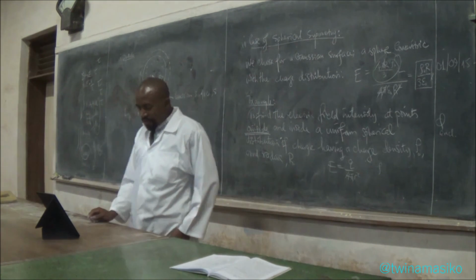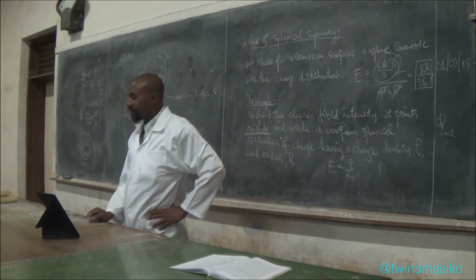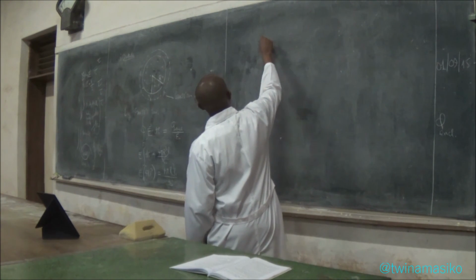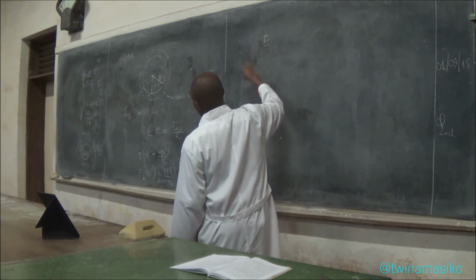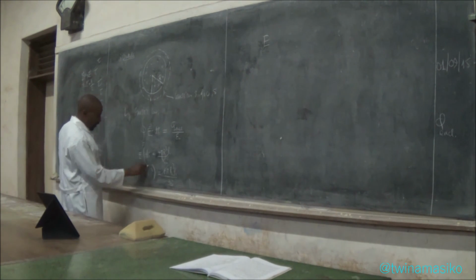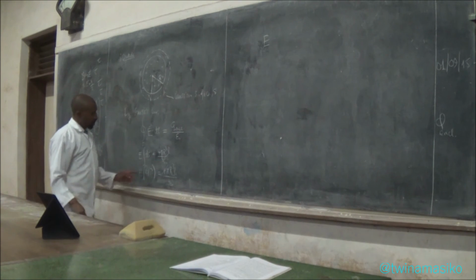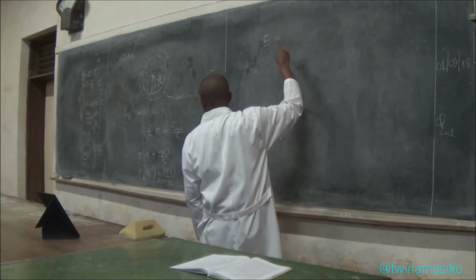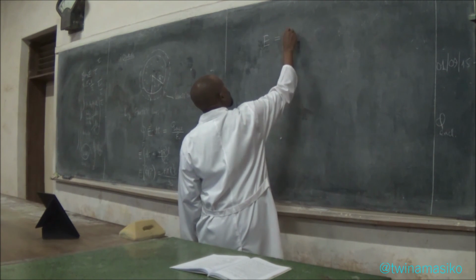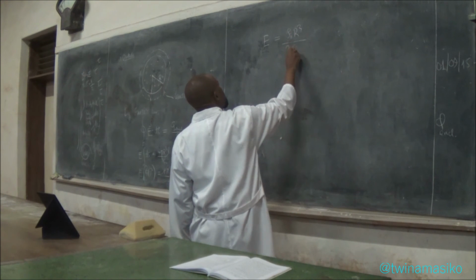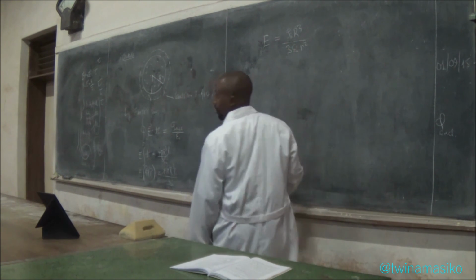Well, I think you can finish that out. The concept is that having our E, the 4 pi cancels, so I will be having E is equal to rho naught R cubed over 3 epsilon naught r squared.